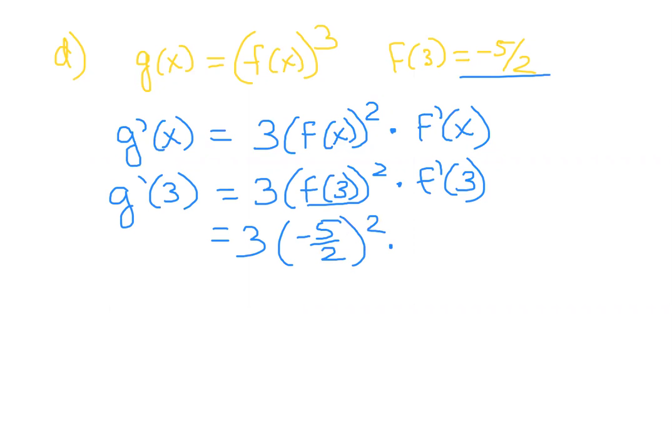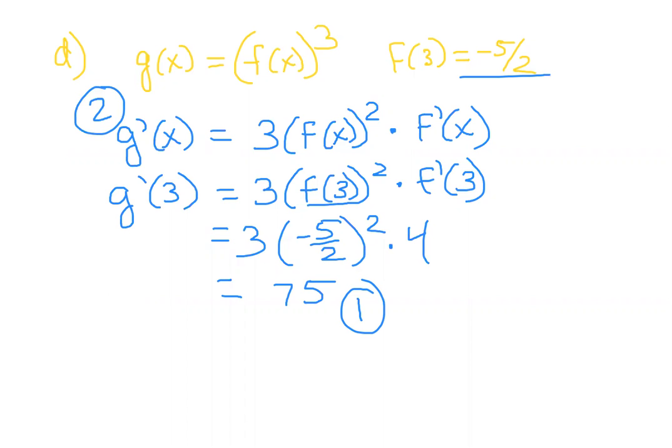And f prime of 3, you can find from your graph, 1, 2, 3, f prime of 3 is 4. So then you're just going to do this math right here, and you should get 75. Okay, you got 1 point for your answer, and you get 2 points for taking the derivative, like that. All right, that's the answer to that one.